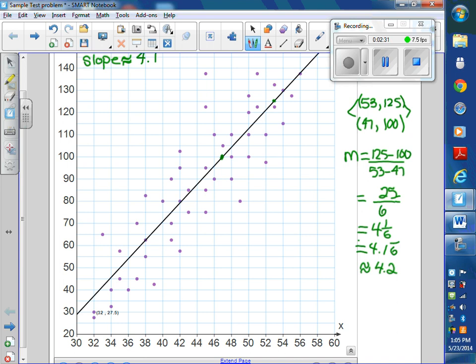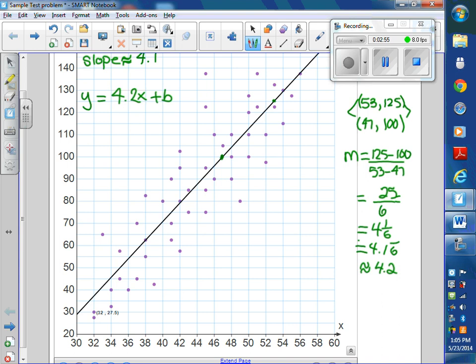So then you would take your slope, whatever that is, should be close, and put it into the y equals mx plus b form. All right, so what should you do next, Libby? Okay, so you have to use one of the points that she's used, and you have to find b.